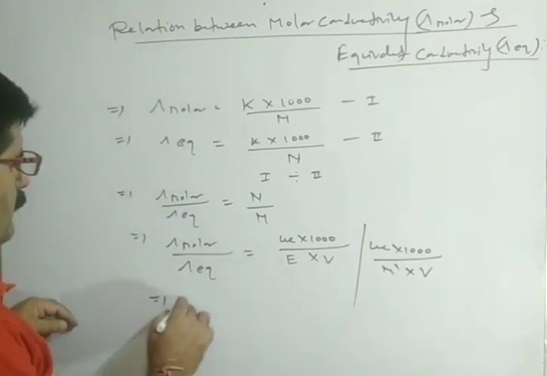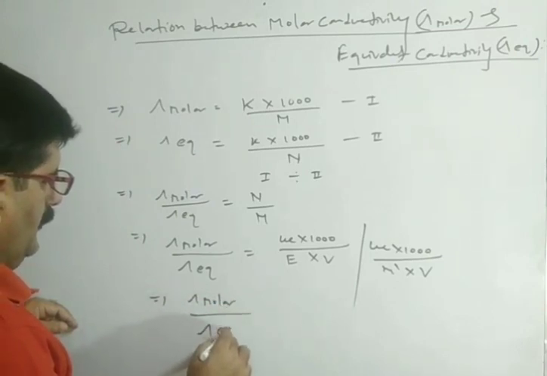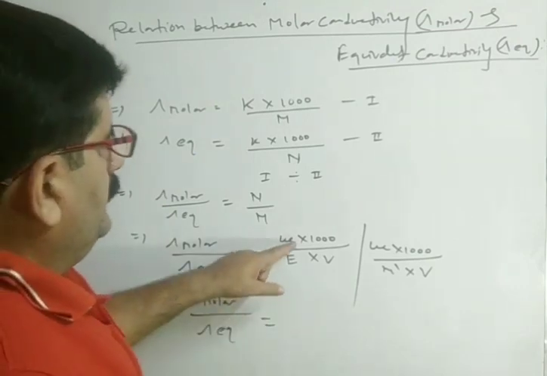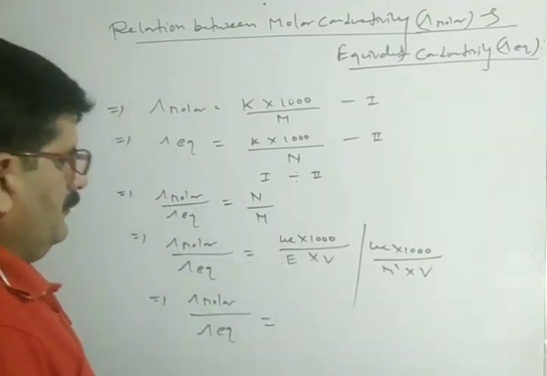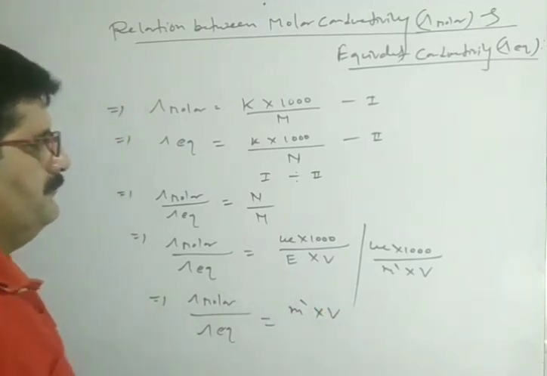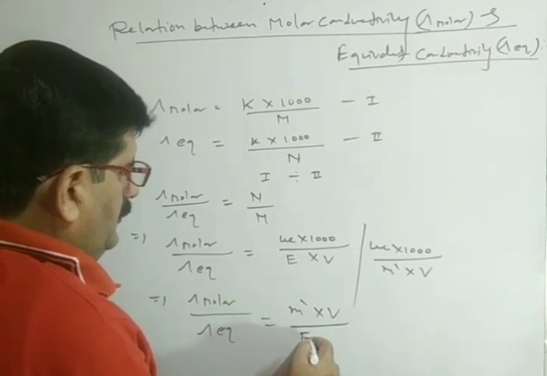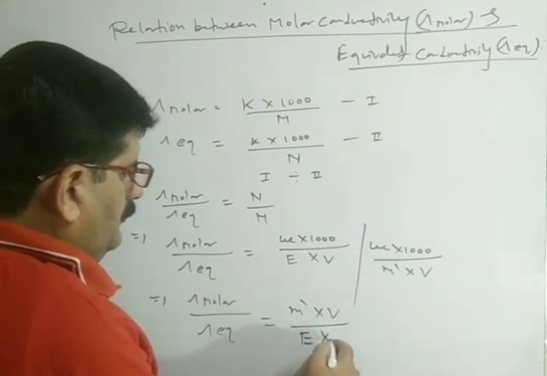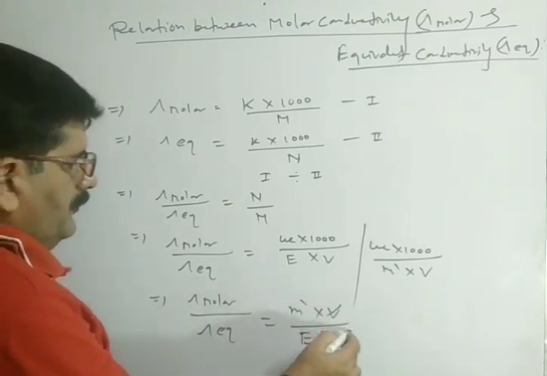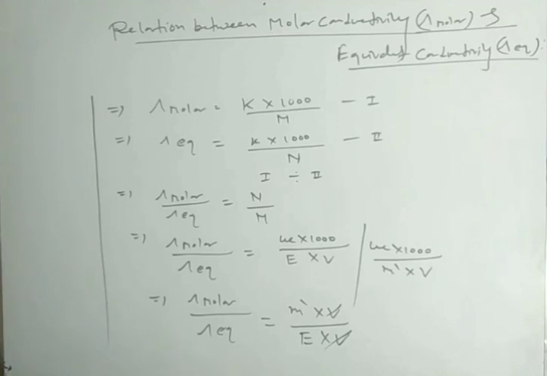So again we can write molar upon equivalent. This term cancels out. We can write M dash into V divided by E into V. Again V cancels out. We can write what?